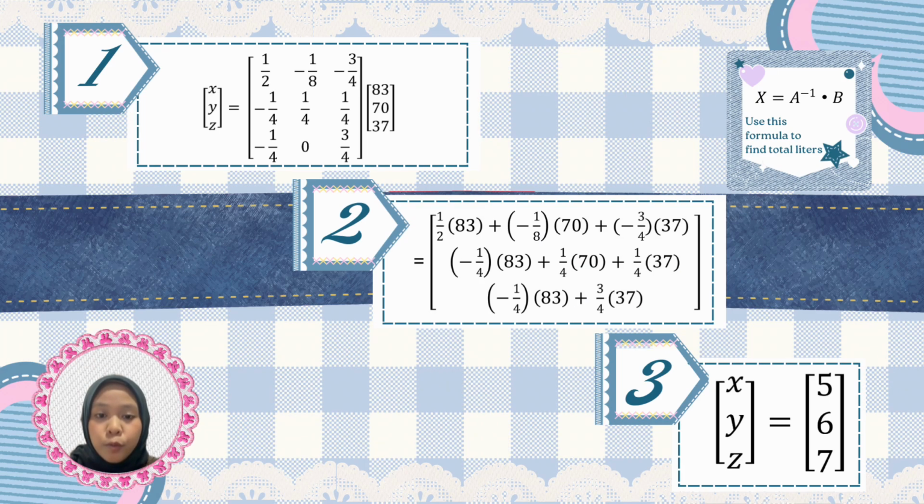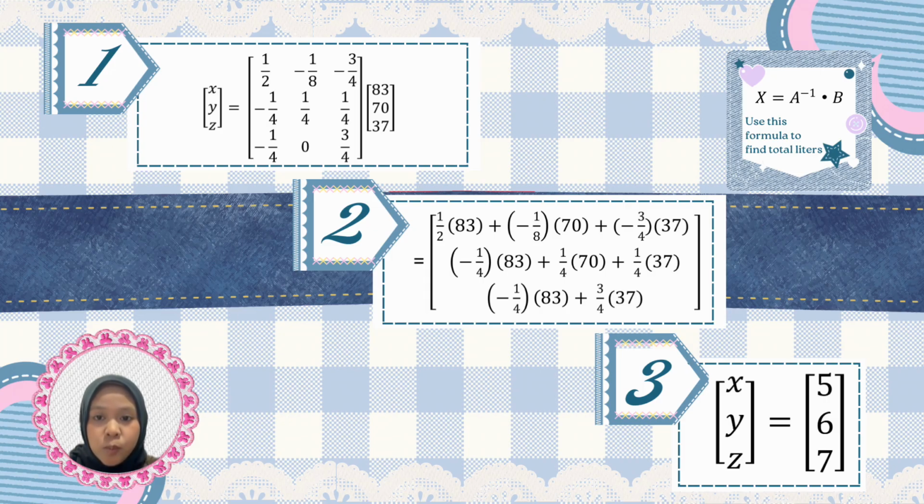We perform row by column multiplication. For the first row, we multiply 1 over 2 by 83 plus negative 1 over 8 multiplied with 70 plus negative 3 over 4 multiplied with 37.